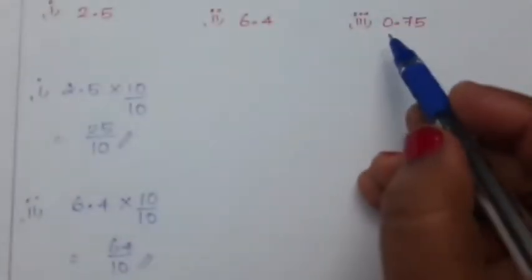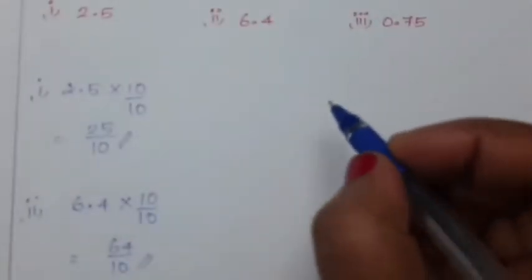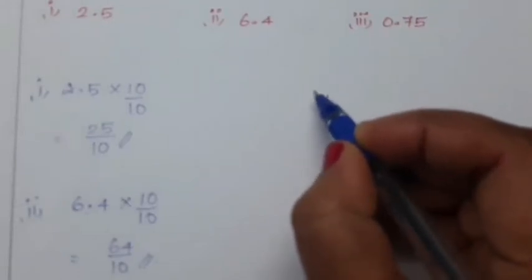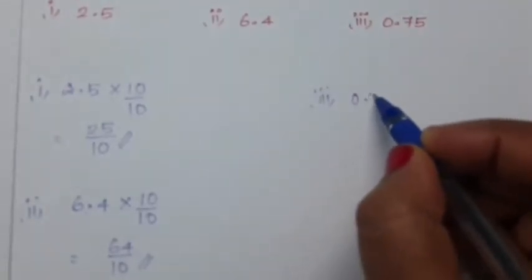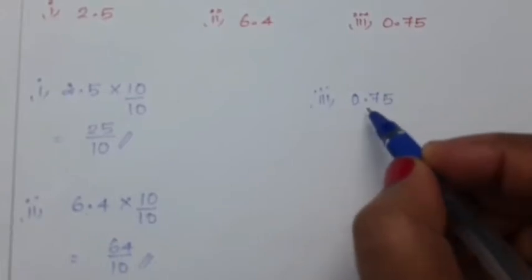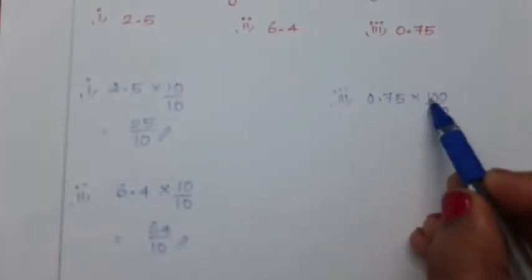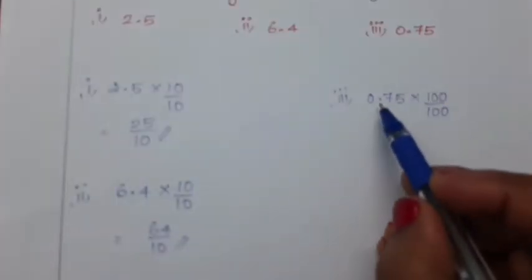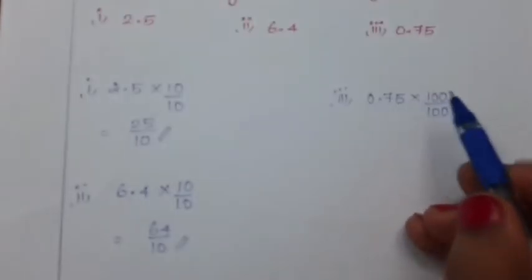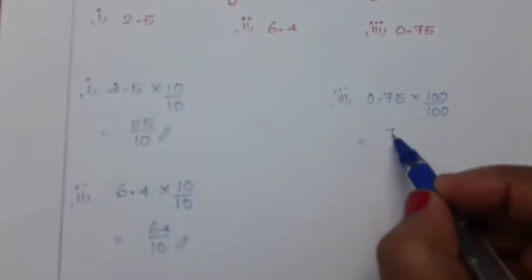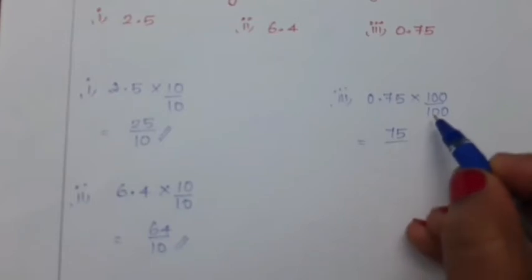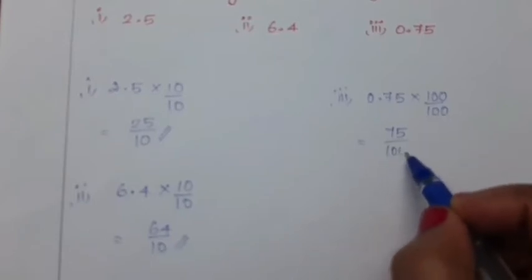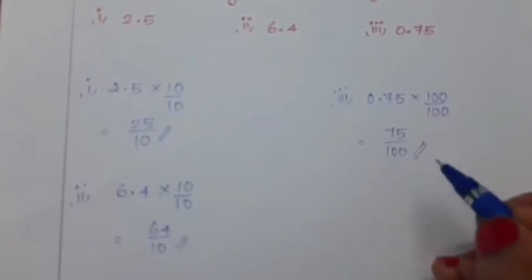Now the third subdivision, 0.75. We should choose 100 to multiply and divide. When we multiply 0.75 with 100, we get 75 divided by this 100, which is the required fraction.